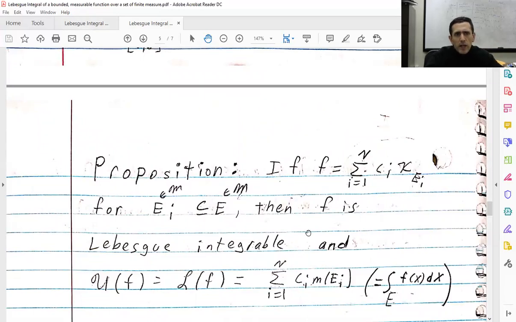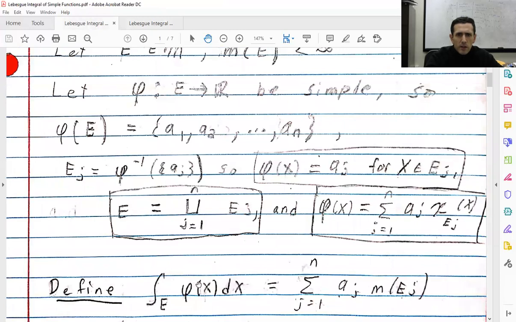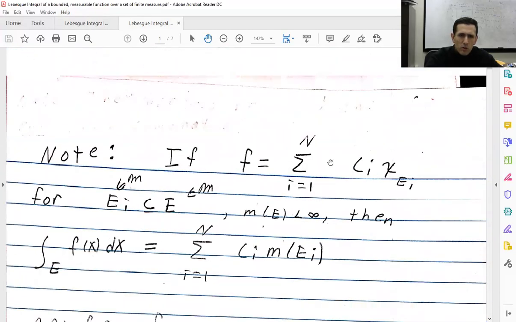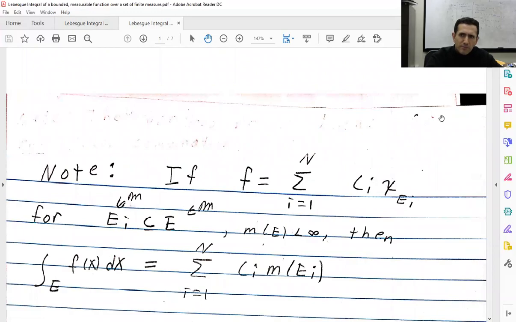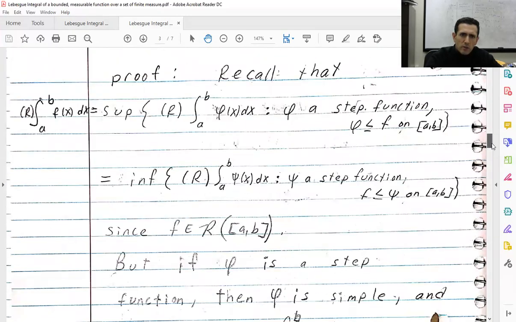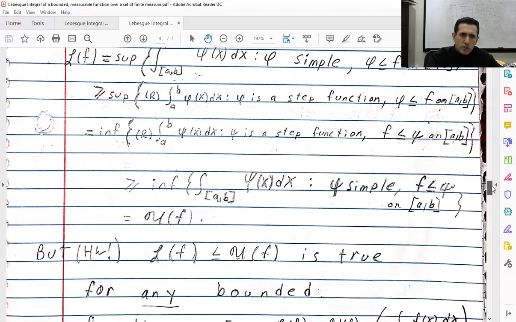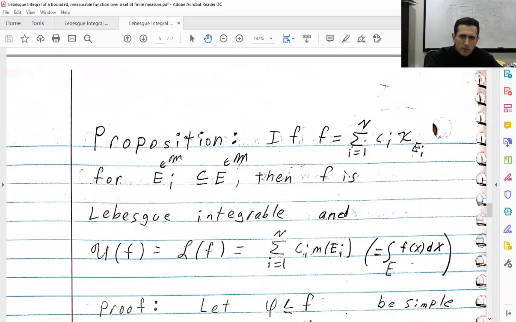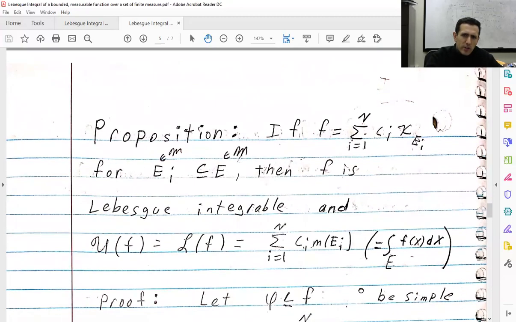And I just want to remind you that this is by definition, and basically doing work, we proved that according to this definition, the Lebesgue integral is given by this sum here. All right, so how do we prove this is true? Jumping ahead here, let's say phi is simple on E, and it's less than or equal to f.